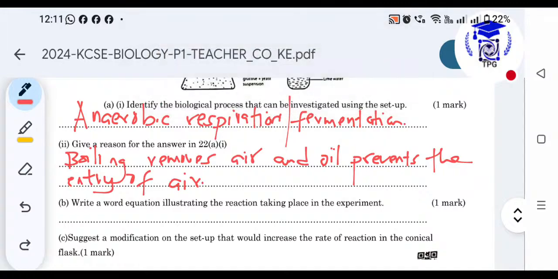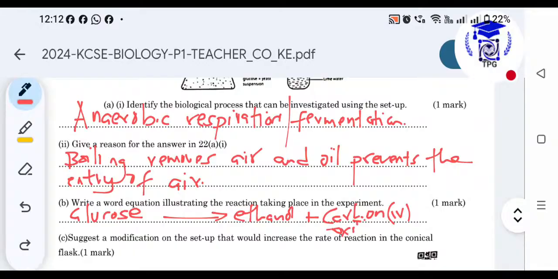So what is happening is that glucose in the presence of yeast will form ethanol plus carbon dioxide plus energy, which is ATP energy.